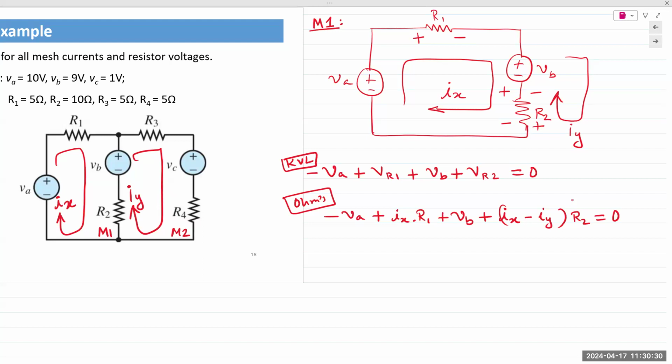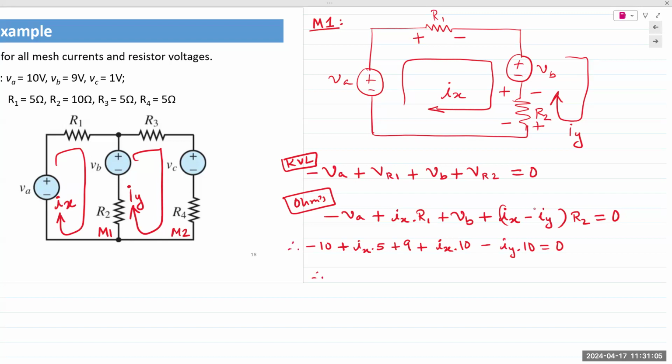And now I have that. I would enter the values. VA is 10, so I would get minus 10 plus IX times R1. R1 is 5. VB is 9. And I'm going to open this up. So this is IX times R2, which is 10, minus IY times R2, which is again 10.